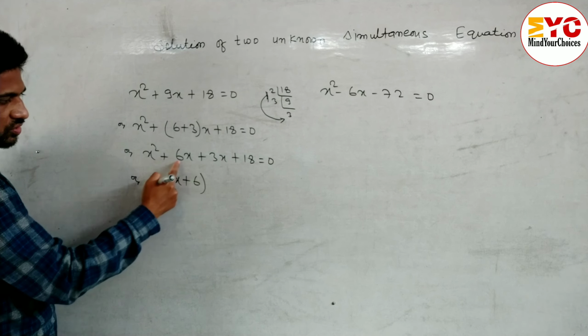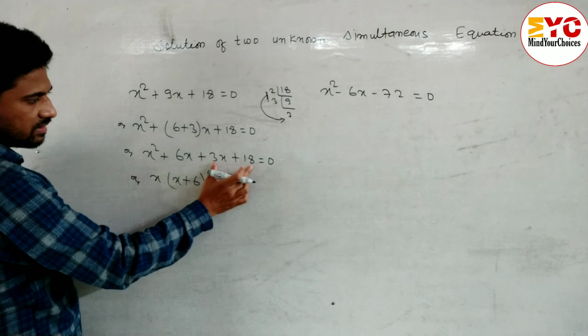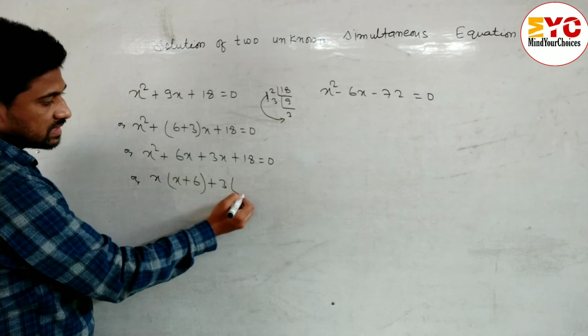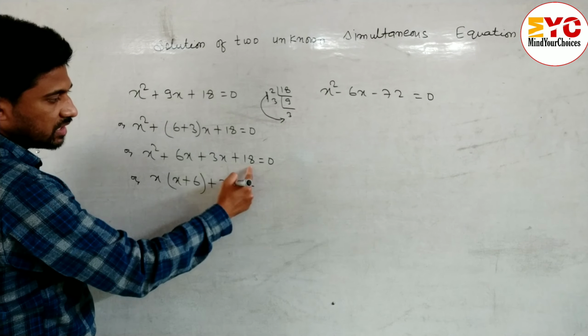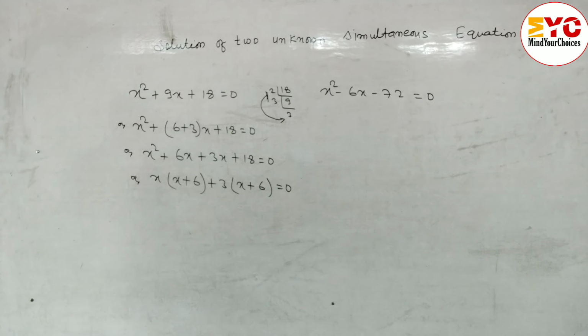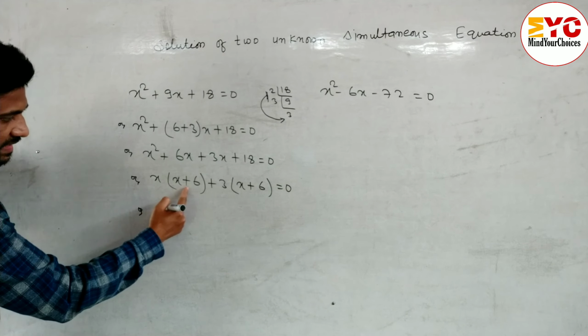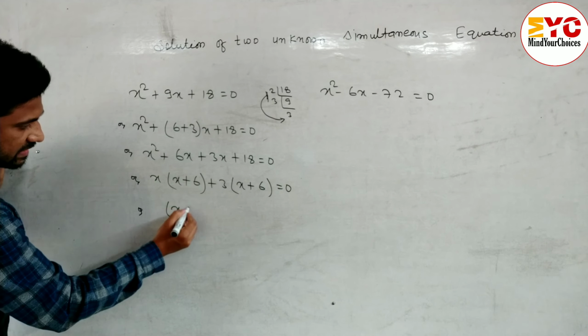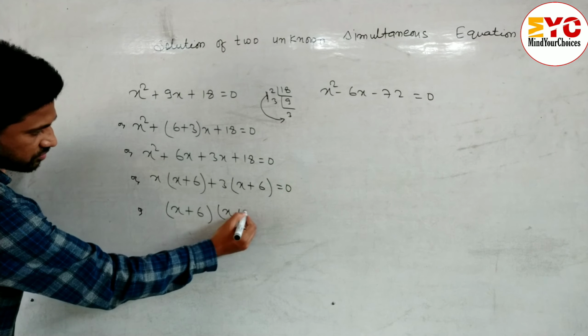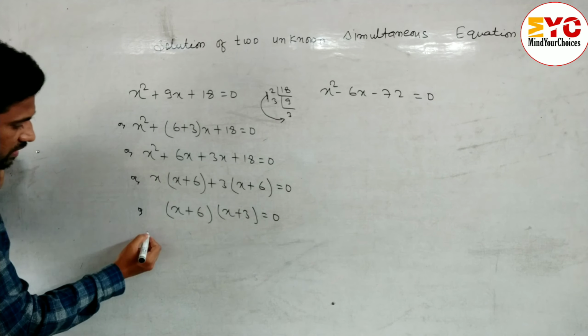From the other two terms we take common 3, and what is remaining? x plus 6, since 3 6s are 18, is equal to 0. Hope you understand up to here. Now we can take x plus 6 common, and the other factor is x plus 3, so x plus 6 times x plus 3 is equal to 0.